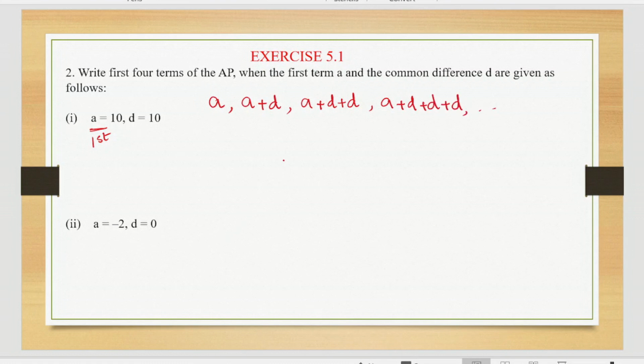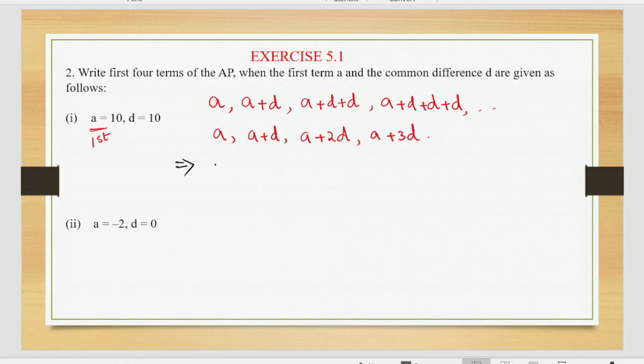So A plus D is the second term, A plus 2D is the third term and A plus 3D is the fourth term. Let us substitute A and D values in this.